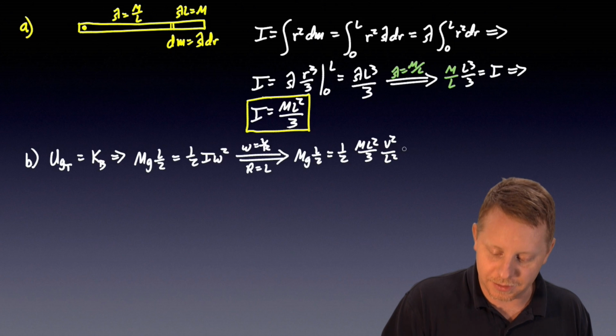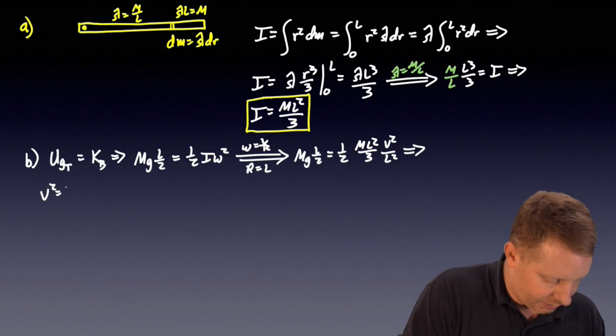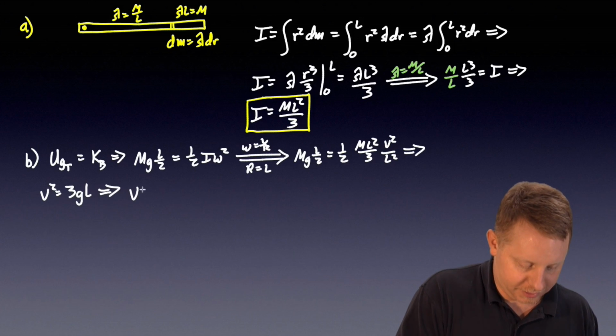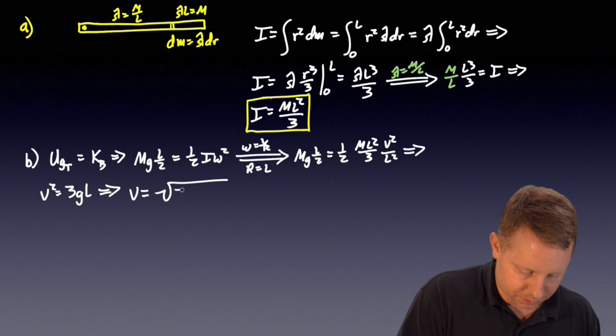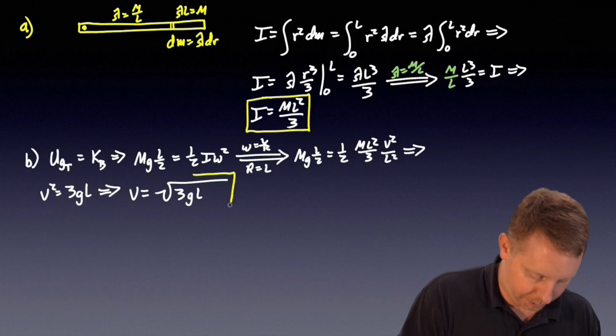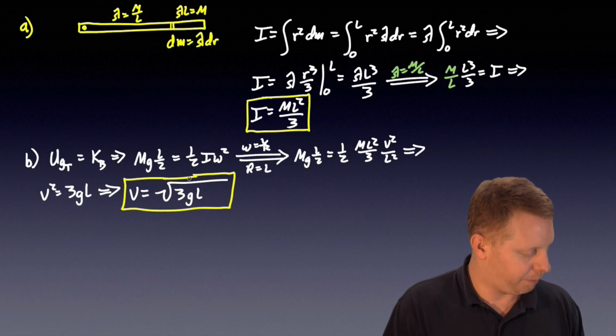Now we just have a little bit of an exercise in algebra to show that v squared equals 3gL, or looking for just v itself, that's going to be the square root of 3gL. And I think we've adequately answered B there.